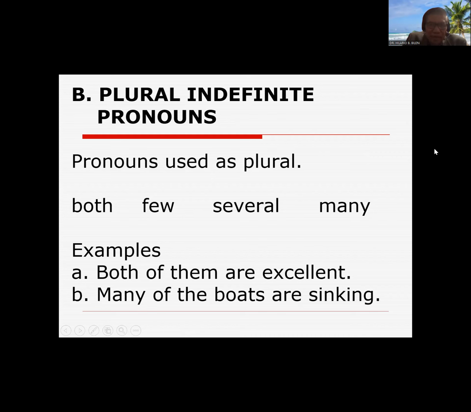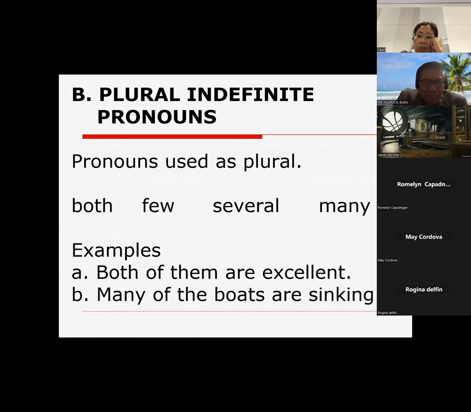So we have to check in studying grammar. What we are studying here is not only simple grammar. We are talking about the structure of English, actually we are studying English now.